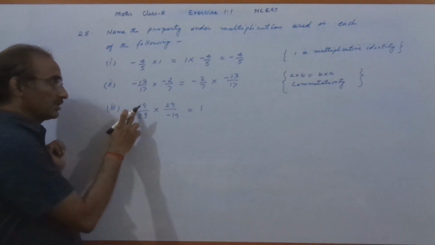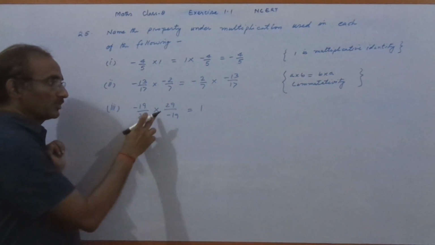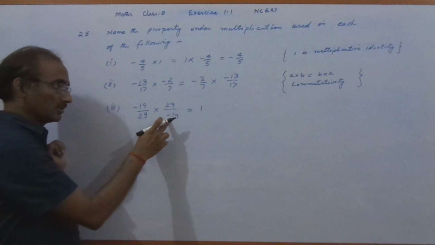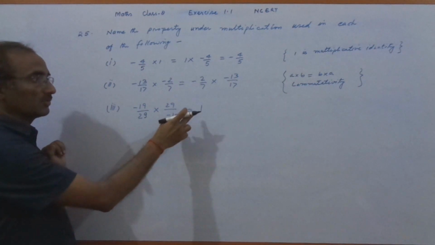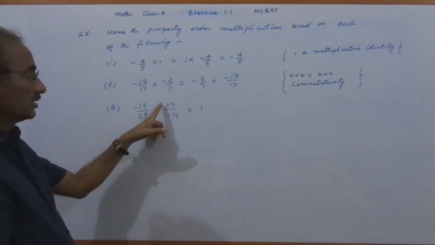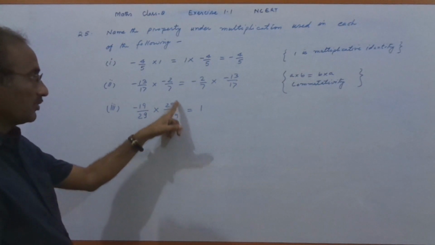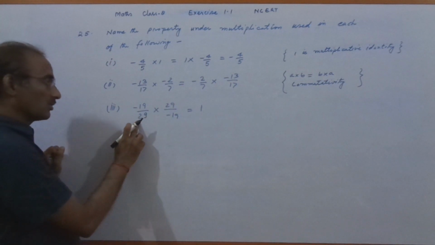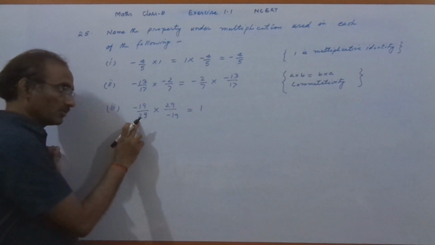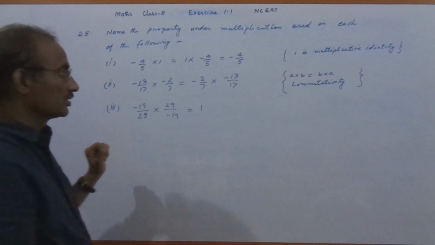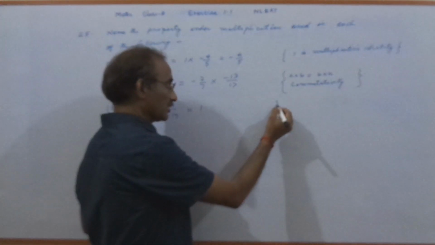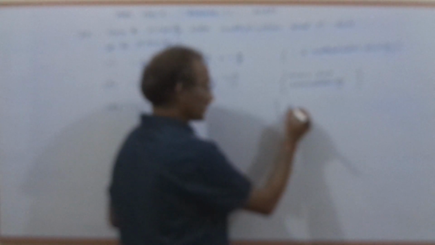Now third is minus 19 upon 29 into 29 upon minus 19 equal 1. 29 upon minus 19 is the reciprocal of minus 19 upon 29. So here we can say this property is multiplicative inverse.